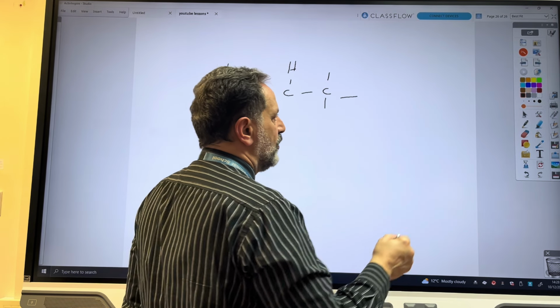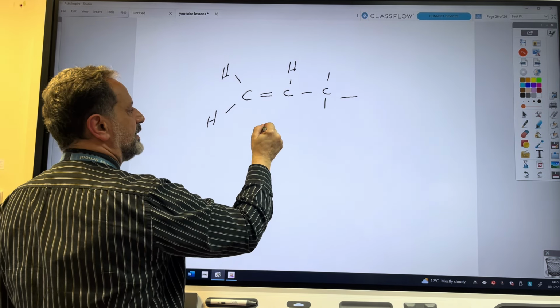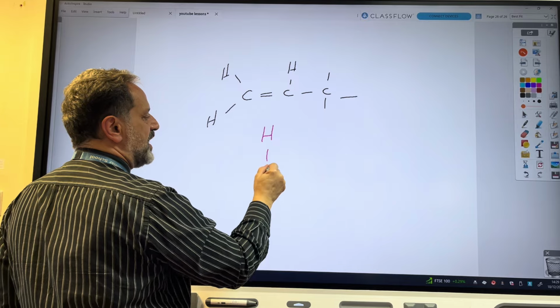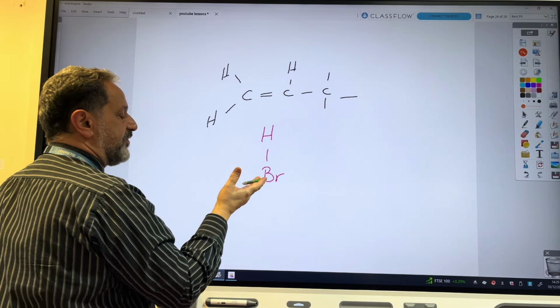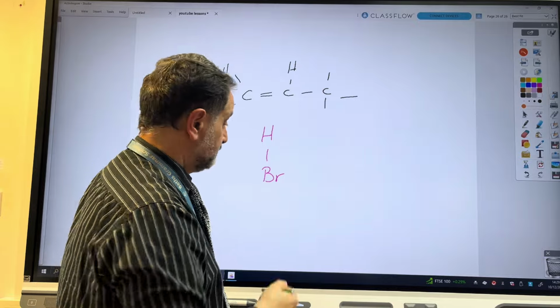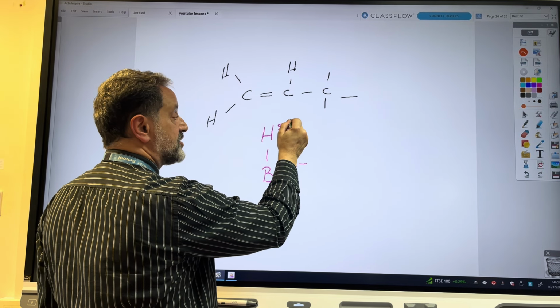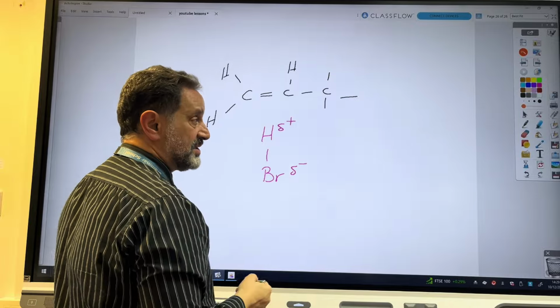Hydrogen bromide is a permanently polar molecule, isn't it? Because it is made from hydrogen and bromine. Of course, bromine is far more electronegative than hydrogen. So this end is going to be delta negative, quite obviously, and hydrogen is going to be delta positive.